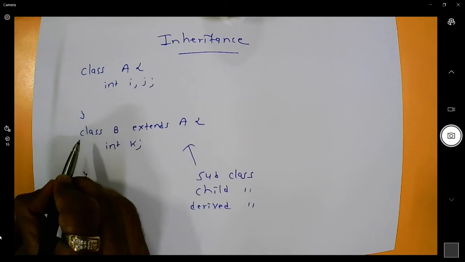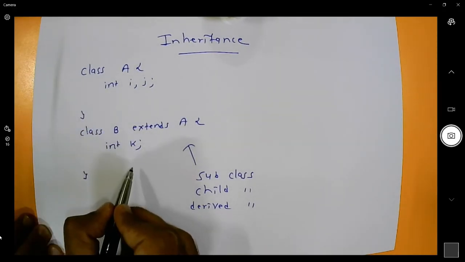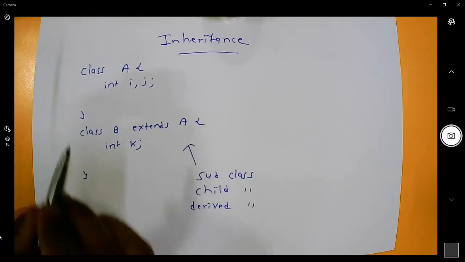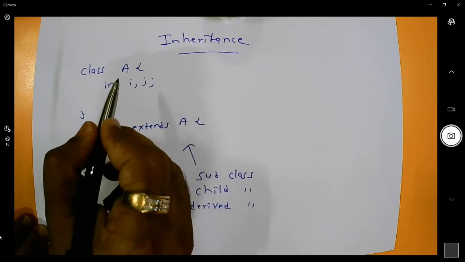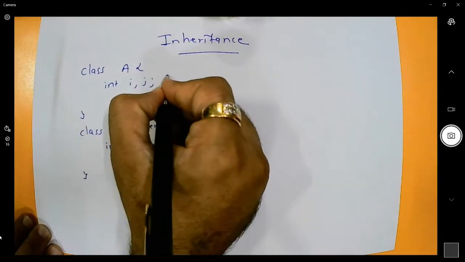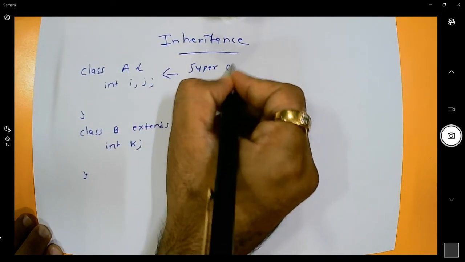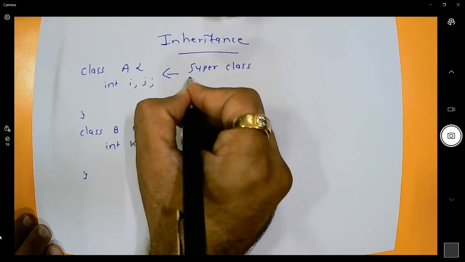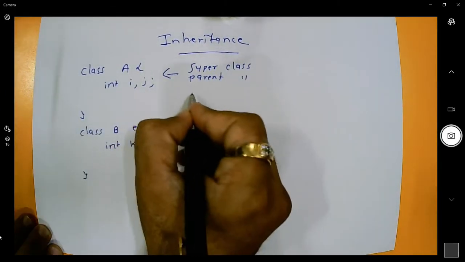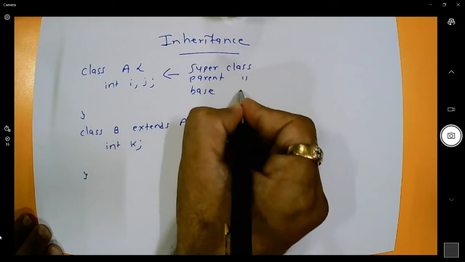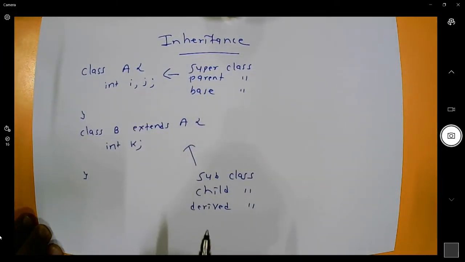In short, the class which has the properties of its father is known as a child class or subclass, and the class which passes all the properties to its child is known as a superclass, or you can say a parent class, or a base class. So how can we achieve inheritance? It is very simple.